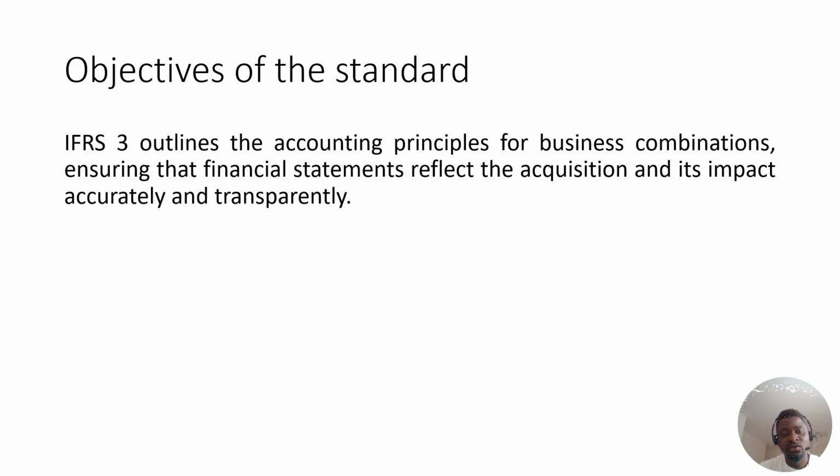So the first thing we need to look at is the guiding principles for business combination, which ensures that financial statement reflects the acquisition and its impact accurately and transparently, so that the users of financial statement will be able to understand the quality of information in terms of the fair value of each of the assets that was acquired on business combination.